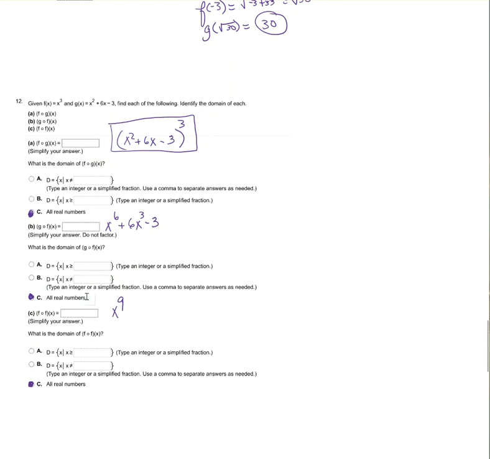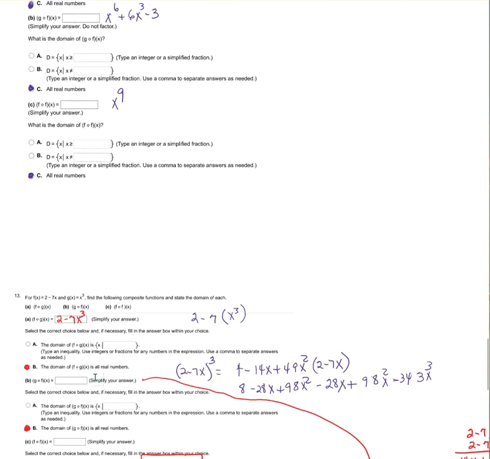And the domain is all real numbers. Now f of f, that means you're going to put x cubed in itself, and so you have x cubed to the 3rd. So you've got x cubed, you end up getting x to the 9th. You still have all real numbers.